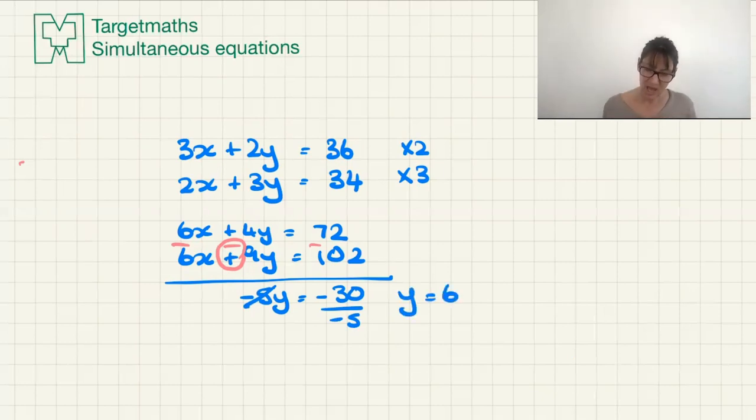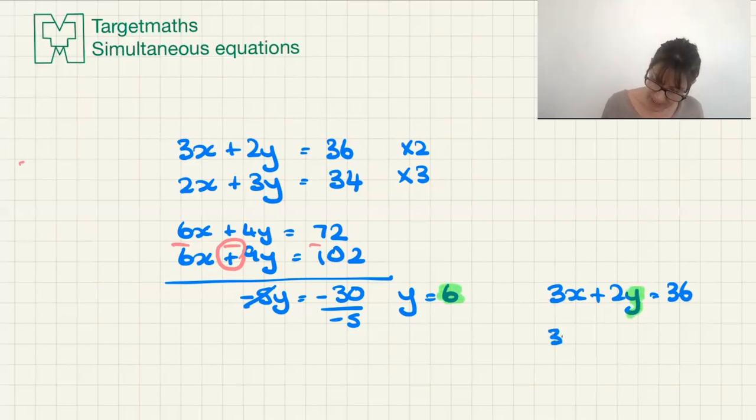Okay, going up. There's not a lot in it, is there, looking at these two? They're pretty similar, so I might as well just choose the top one. So I've got 3x plus 2y is 36. I know that y is 6. So I've got 3x plus 2 times 6, which is 12, equaling 36.